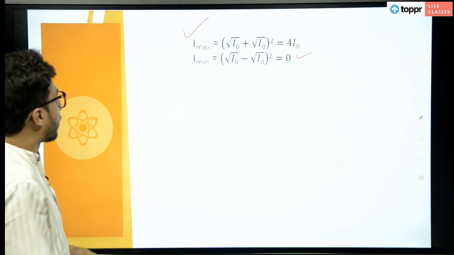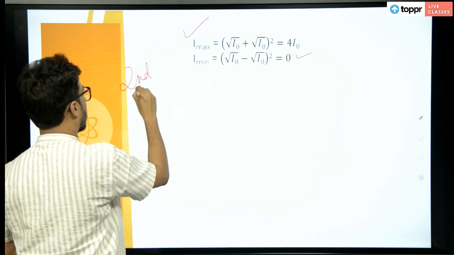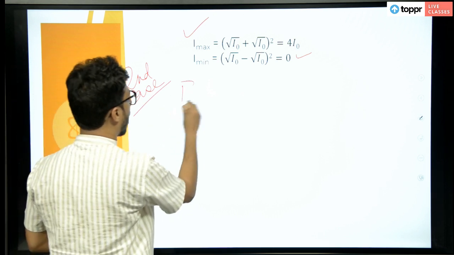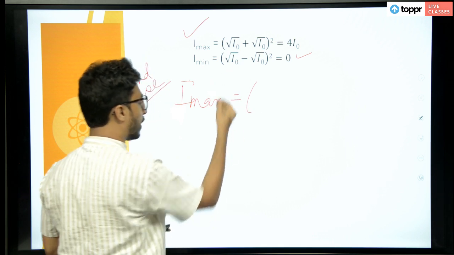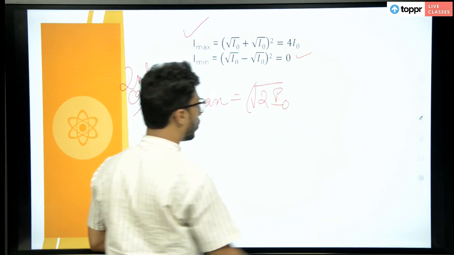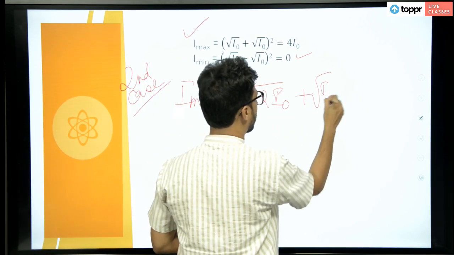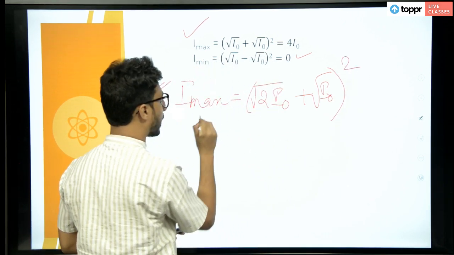So finally, for constructive interference in the second case, we can write I max equals root 2I0 plus root I0, whole square.